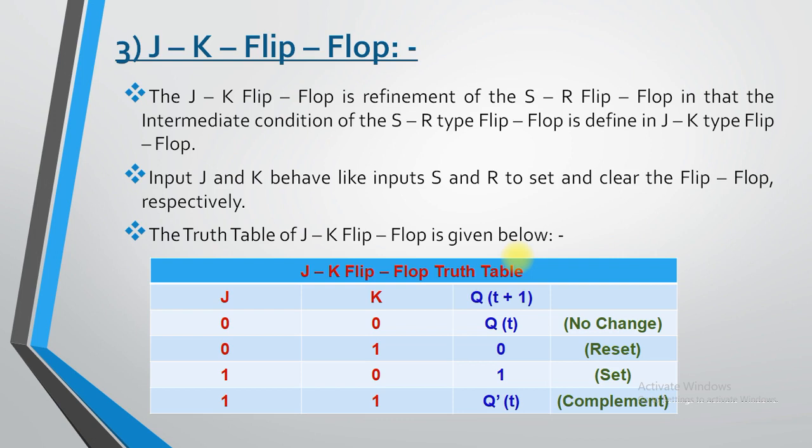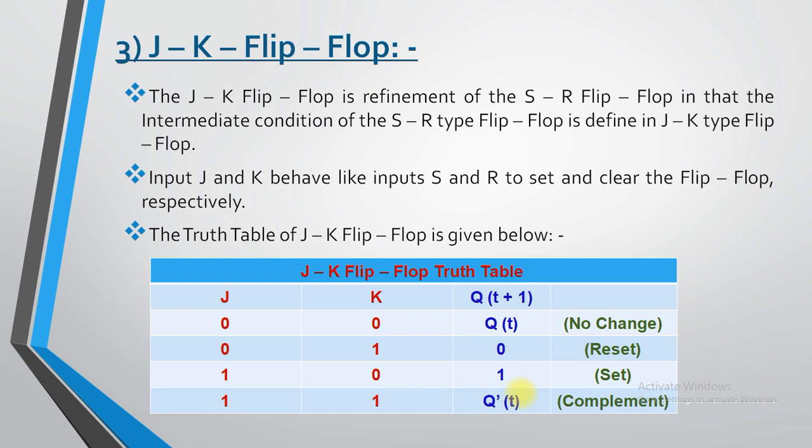So in the JK flip flop, what happens when J equals 1 and K equals 1? In such cases the value of the next state is Q dash of T. Q dash of T means the complemented value of QT.